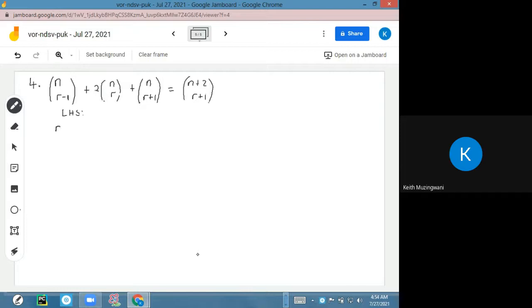The first part will be n factorial over r minus 1 factorial, n minus r minus 1 factorial, plus 2 n factorial over r factorial, n minus r factorial, plus n factorial over r plus 1 factorial, n minus r plus 1 factorial.